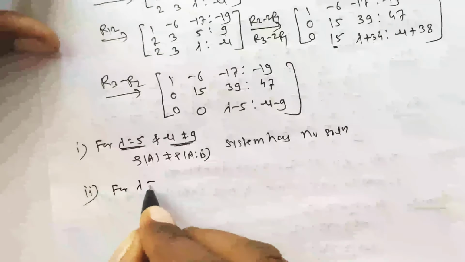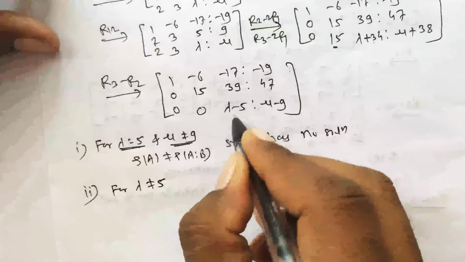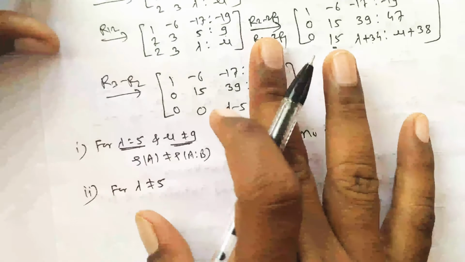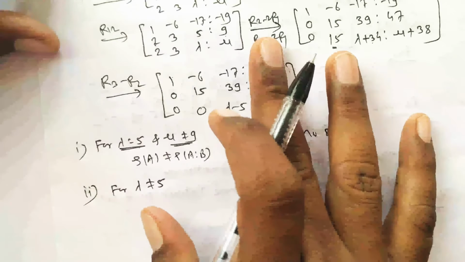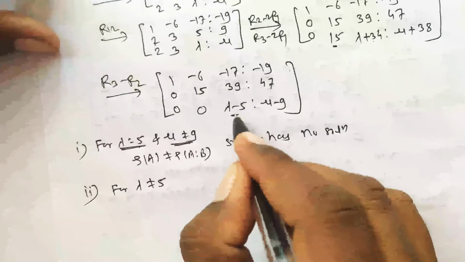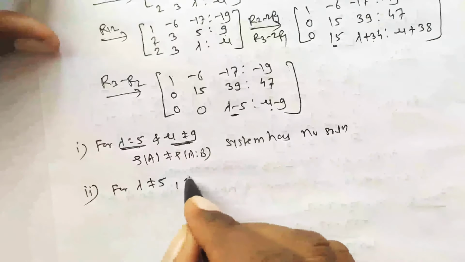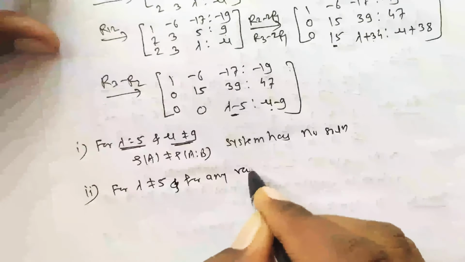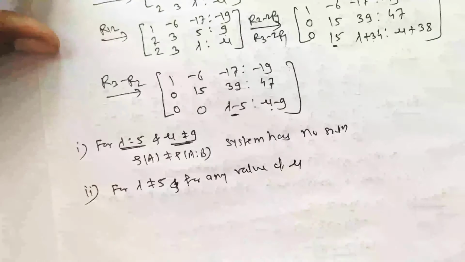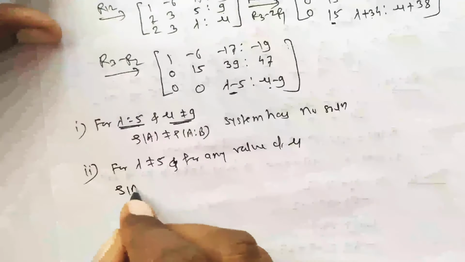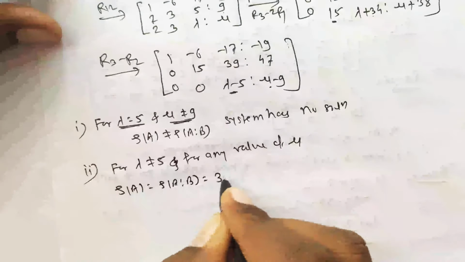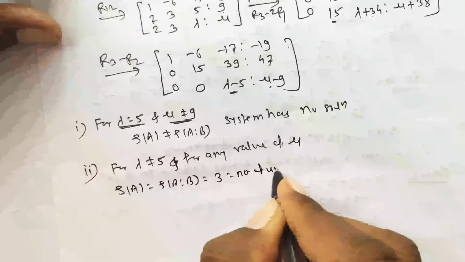So for lambda not equal to 5, except lambda equal to 5, because if we put lambda equal to 5 here, rank of A becomes 2. So if we take lambda not equal to 5, we will get a non-zero element here. Whatever value of mu we take, for any value of mu and lambda not equal to 5, we get rank of A equal to rank of AB equal to 3, equal to the number of unknowns.